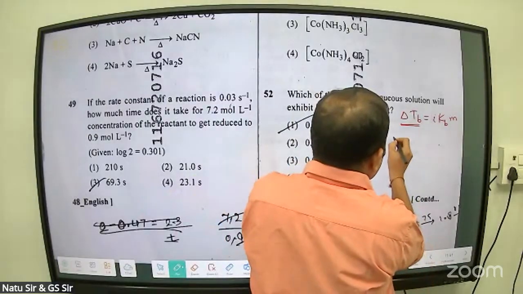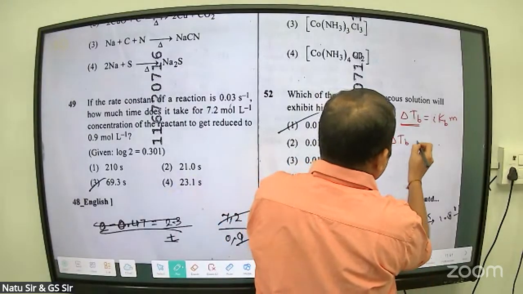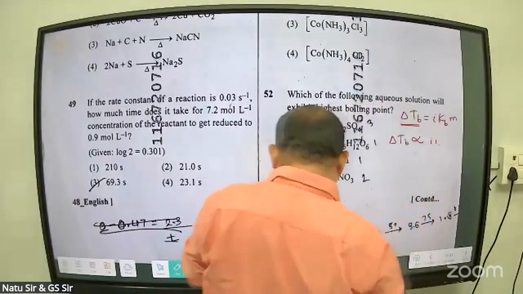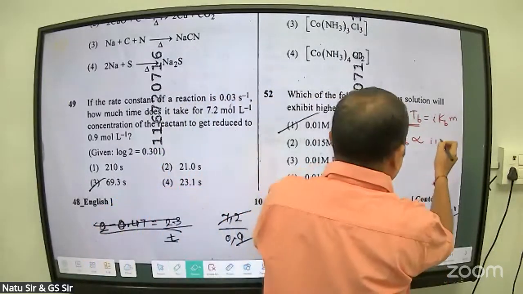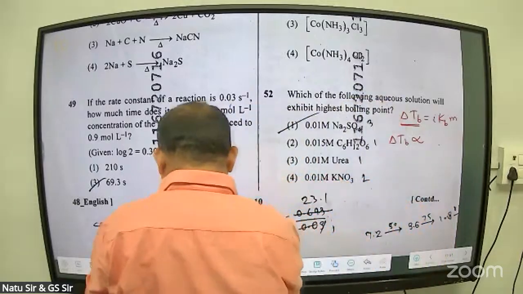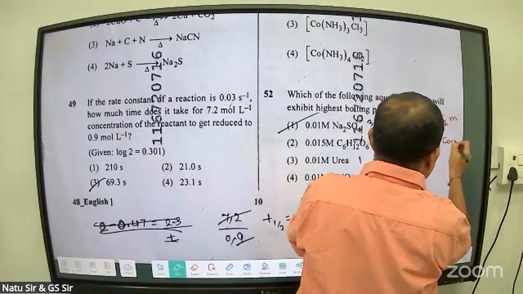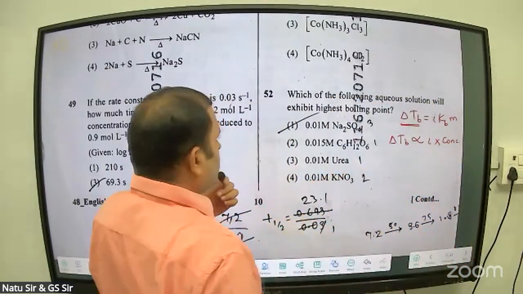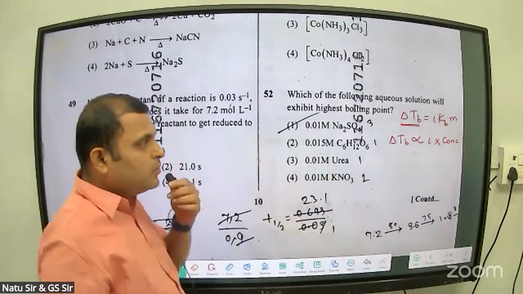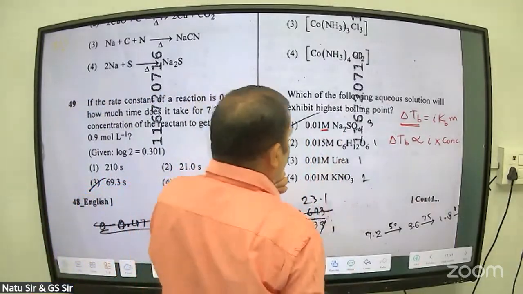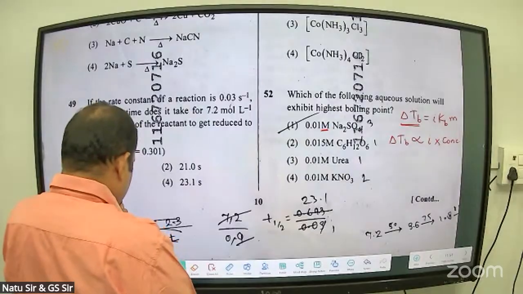So here we can see that ΔTb is directly proportional to what? i into concentration, we can say van't Hoff factor into concentration. So for each option, we have to calculate this i into concentration.